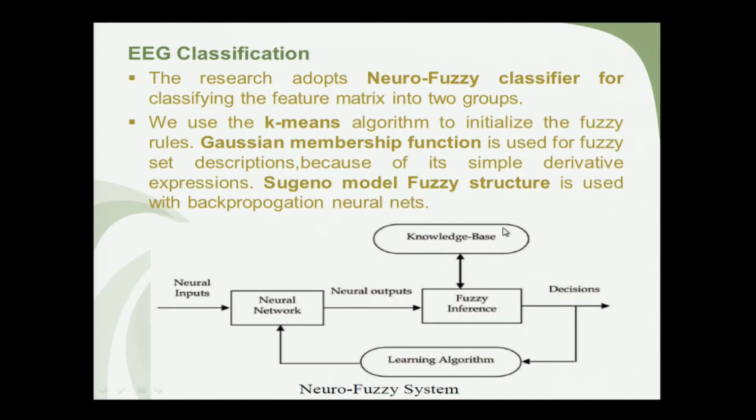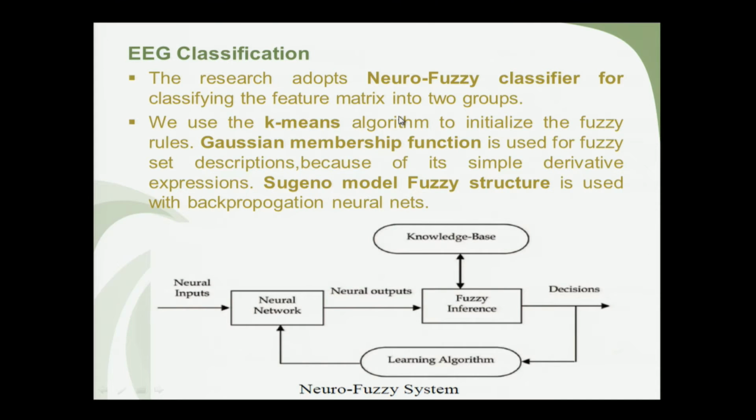The next one was the ANFIS classification. It is a neuro-fuzzy system, both rule-driven as well as self-learning, so it combines both neural network and fuzzy logic.